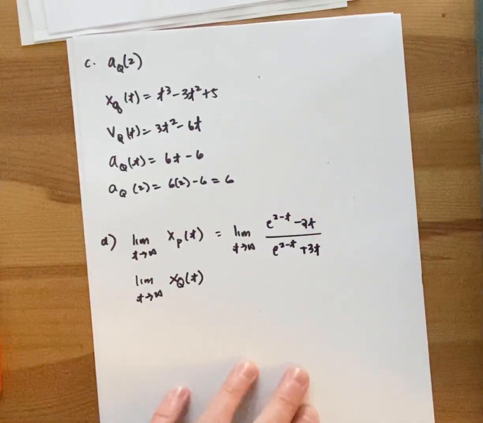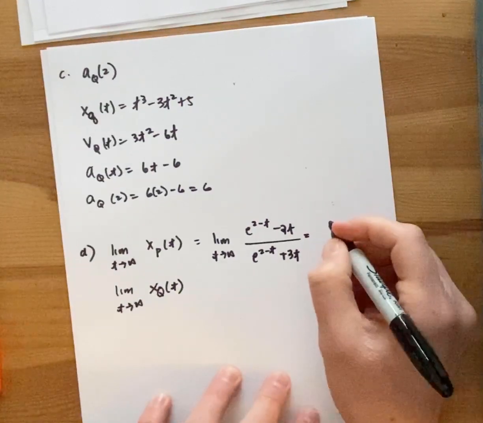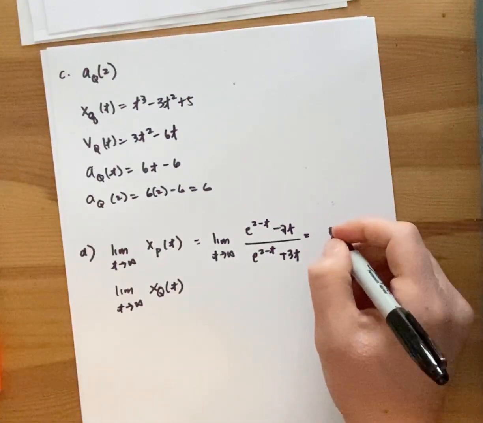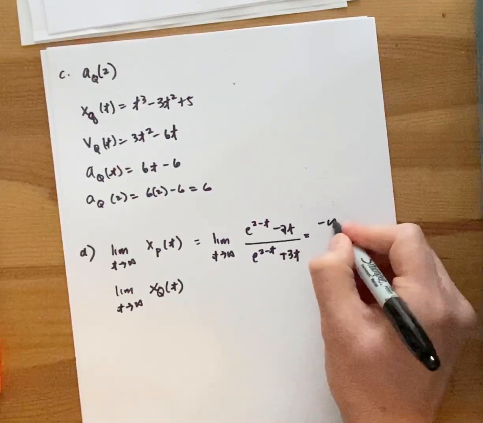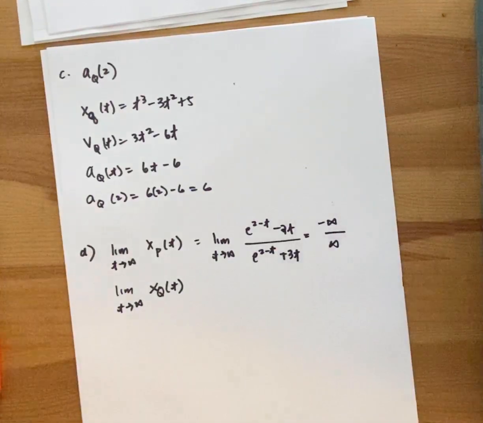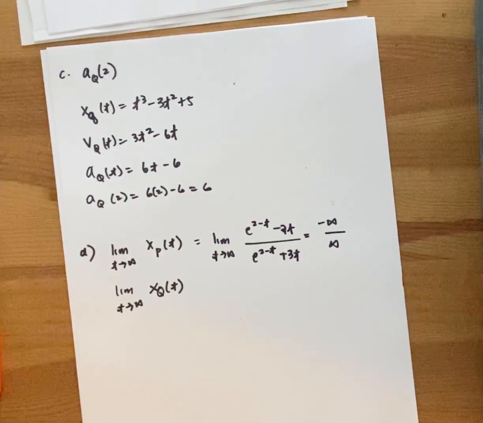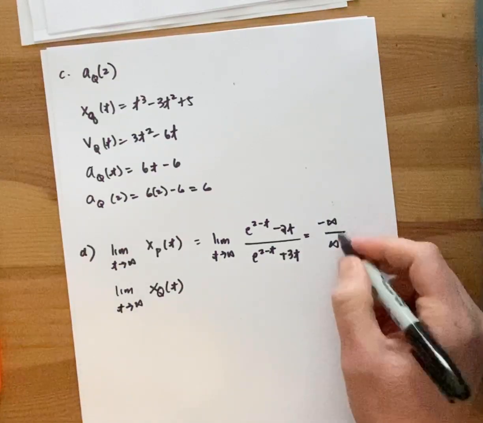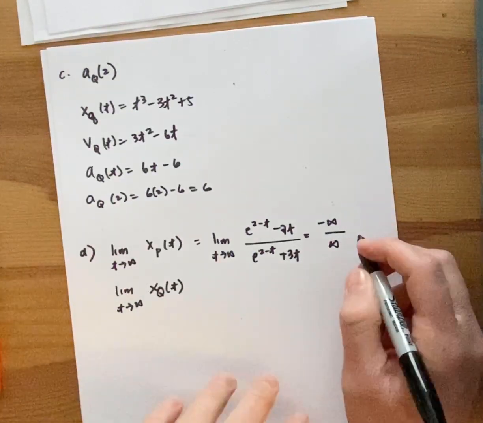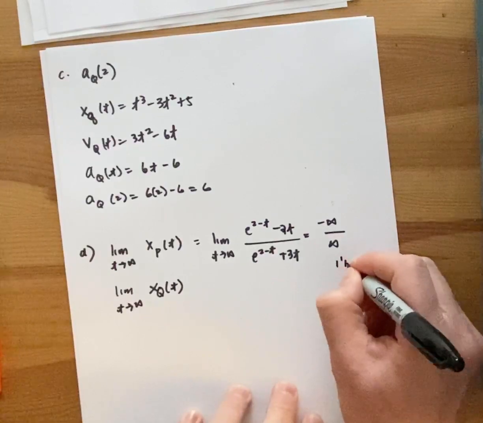Okay, so for both of these, you could see that these are both going to infinity. One goes to negative infinity, one goes to positive infinity. And when that happens, it's an indeterminate form. It's almost like 0 over 0. So we want to use L'Hopital's.